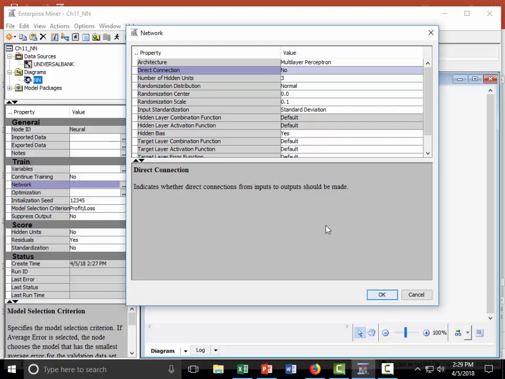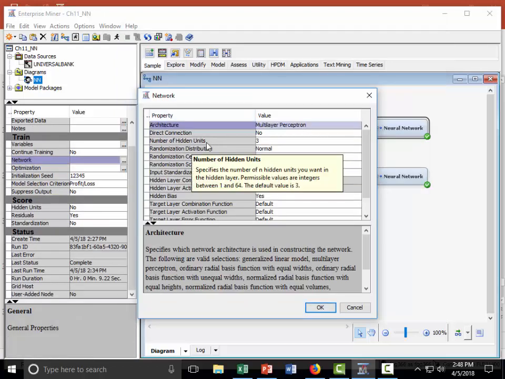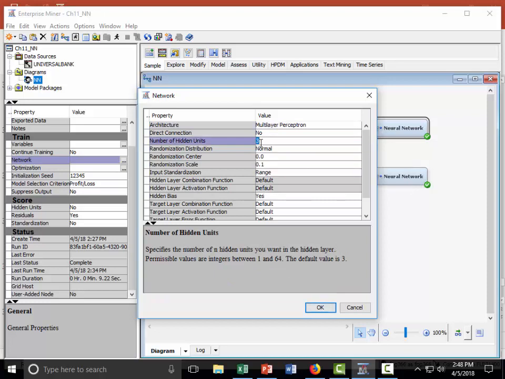Okay? And the default is no, usually you wouldn't want that. So here, number of hidden units, that's your number of nodes in the hidden layer. Specify the number of hidden units you want in the hidden layer. The permissible values are between 1 and 64. So you can have up to 64 nodes in the hidden layer.